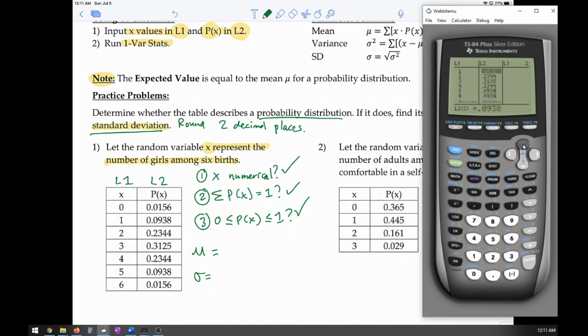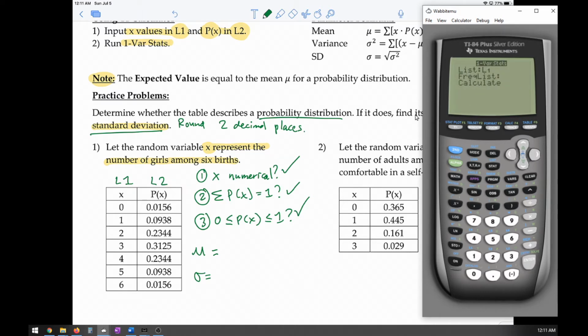So I've got the x's in L1 and then the p of x's in L2. So the next step is you want to run one-var stats, right? So I'm going to exit out of this screen by pressing second mode to quit. And I'm going to go back to stat. And then to get to one-var stats, we're going to go to calc. So press the right button, go to one-var stats, enter that.